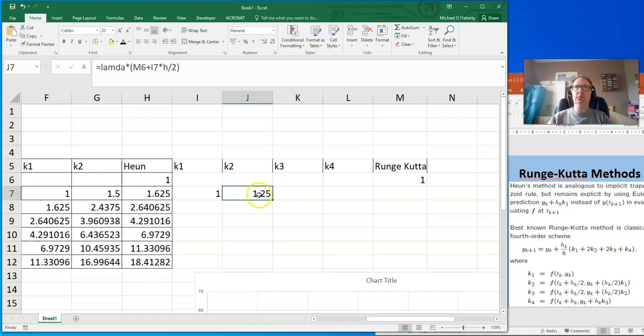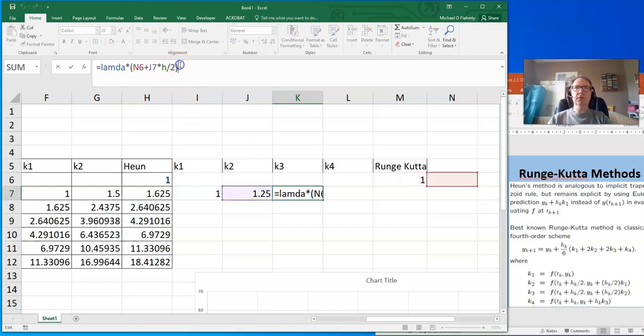We proceed then to do the same thing again, but now instead of using k1 in this expression, we use k2. We'll try filling it across and see what I get.